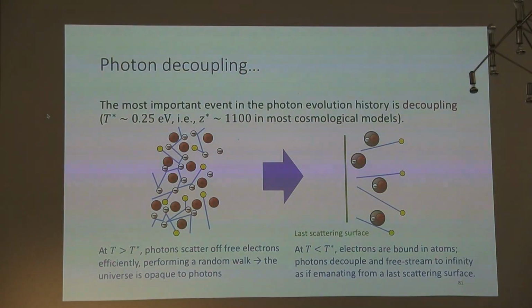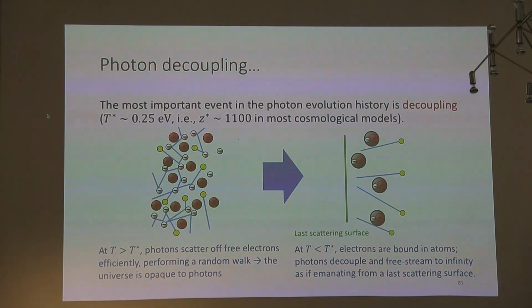Right? Now, then you let your universe cool, and eventually the temperature drops below T star, and then all the electrons that were initially free become bound in hydrogen atoms. So the universe is neutral on the right-hand side, and these photons can then free stream to infinity. And you see these photons as if they're coming from a last scattering surface.